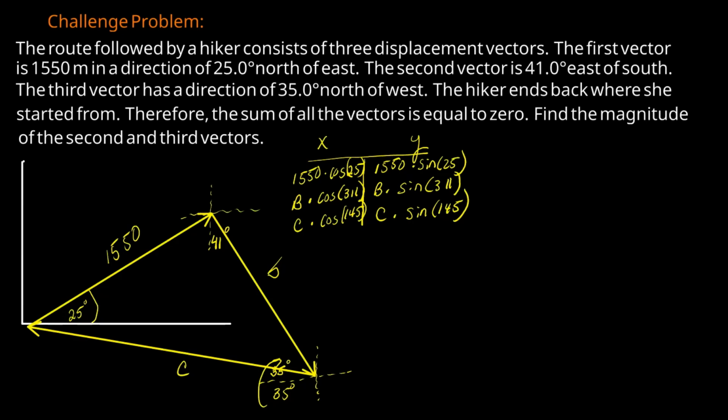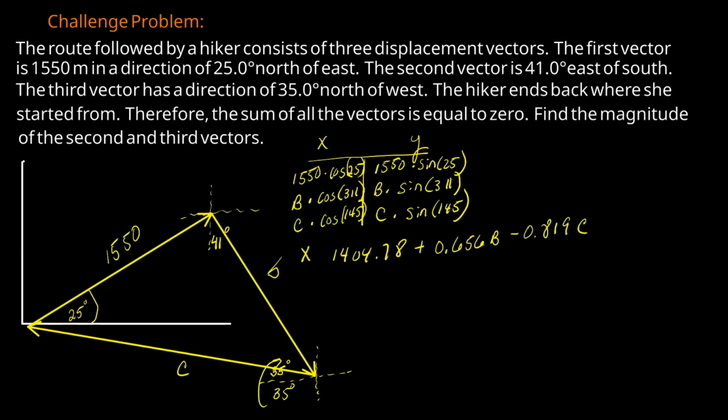1550 times cosine of 25 is equal to 1404.78, plus, just the x's first, the second line, that'll be 0.656 times B. And the C portion will be minus 0.819 C's.